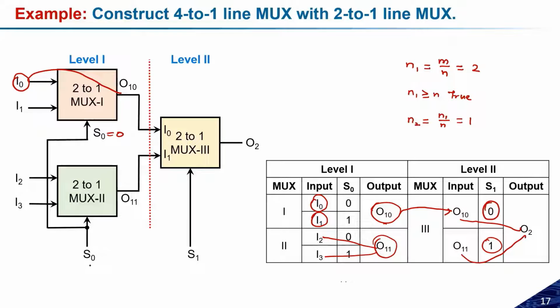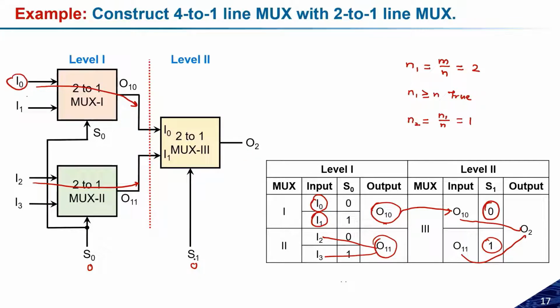If S1 and S0 are equal to 0, 0, in that case I0 is transferred, I2 is transferred here. But because S1 is equal to 0, only this O10 is transferred to the output.